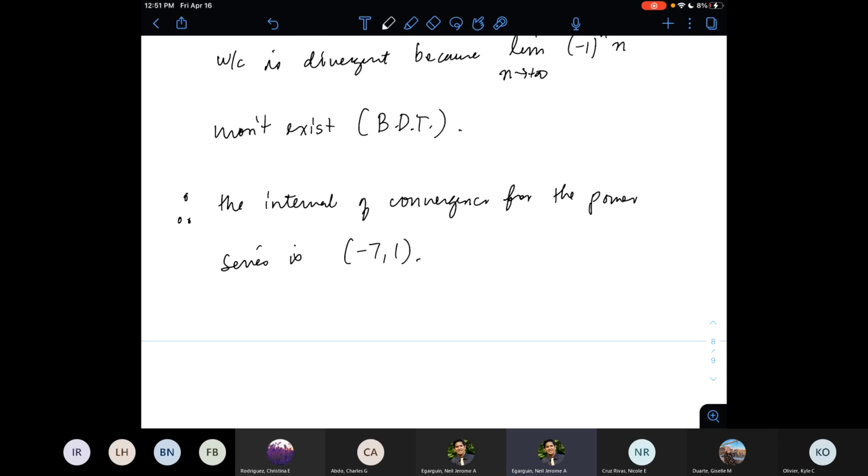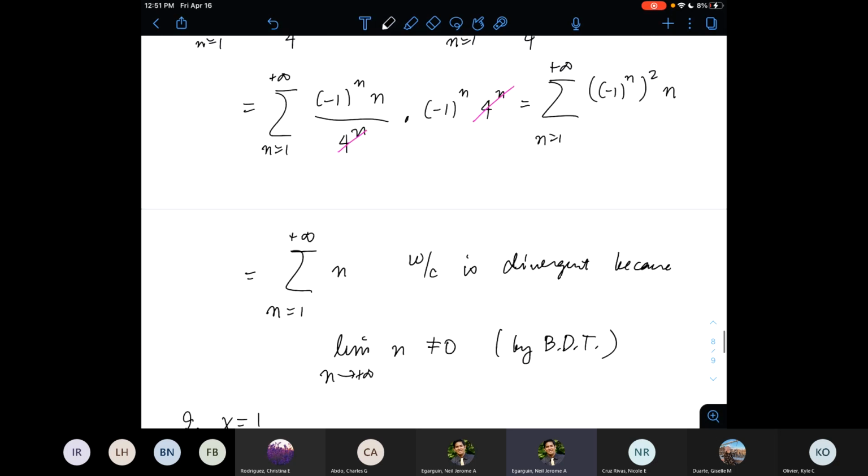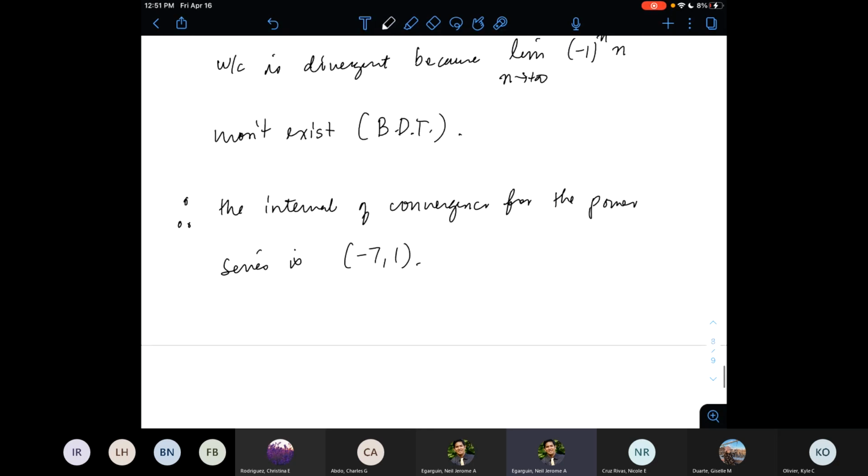Now, it's a coincidence that in our two examples, the series both converge or both diverge at the endpoints. There are some series that will be convergent on one of the endpoints and divergent on the other one.